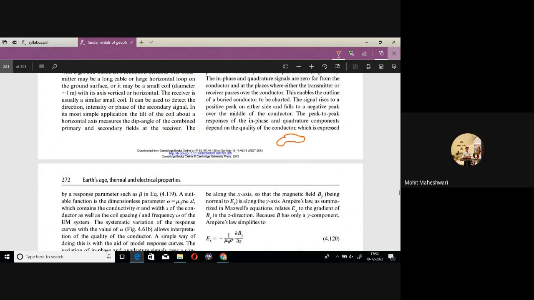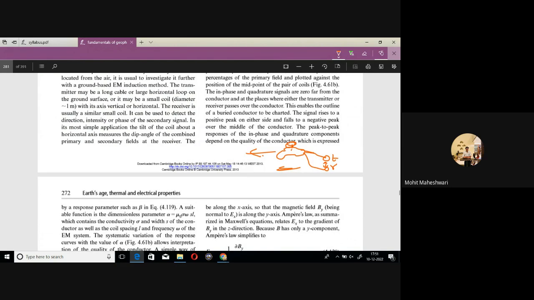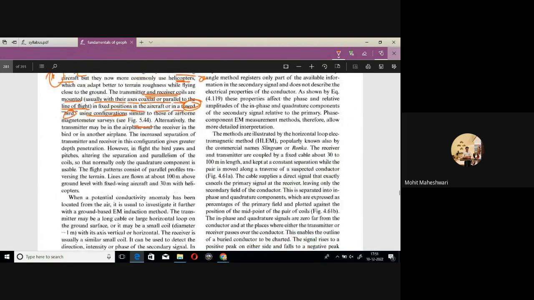The transmitter is there and the receiver is there, with a distance between the transmitter and the receiver, and the helicopter is moving in this direction. This figure is defined as the towed bird view using the configuration, right?